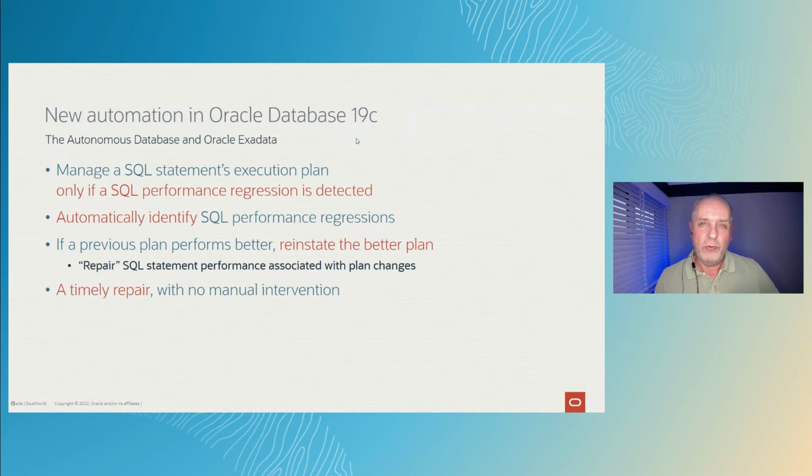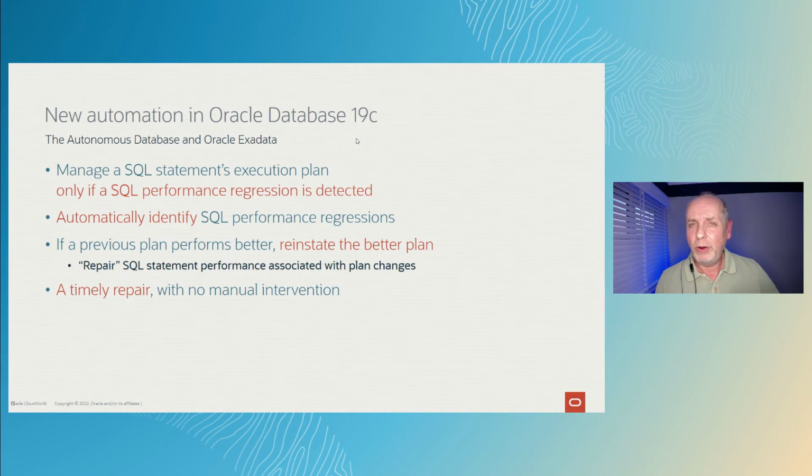So in other words, we'll get the database to figure out whether there's been a SQL performance regression or not. We might get the database to do that for us. So we want that to be done automatically. We want to identify the SQL performance problem. And then if a previous execution plan exists for that SQL statement that is suffering from a performance issue, why don't we look back at those execution plans and figure out which ones we should perhaps continue to keep using.